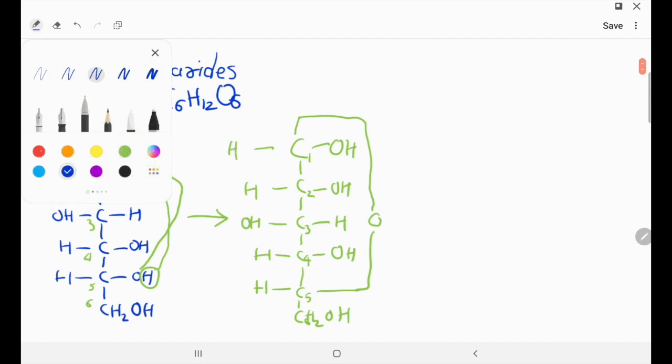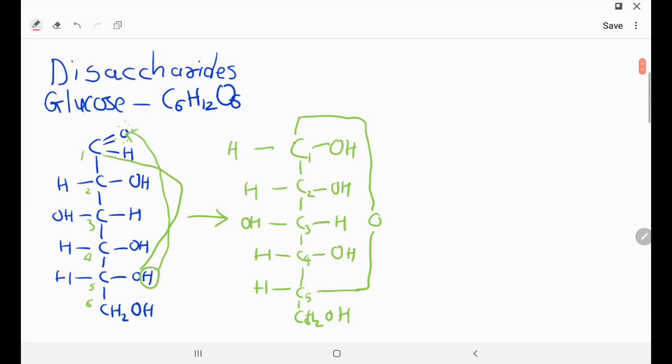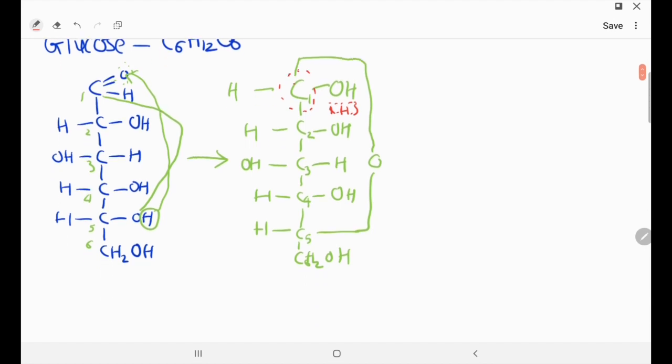Now you can see that on this particular first carbon, the position of OH is on the right hand side. This one is an example of D plus glucose.